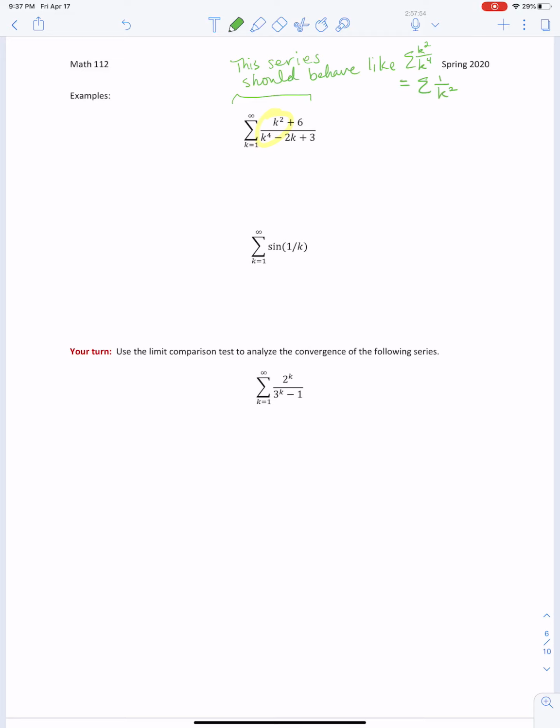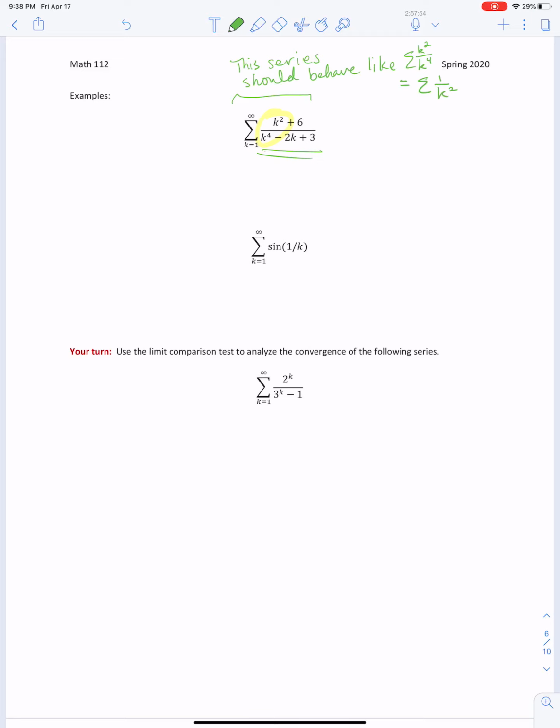Now, if we were using direct comparison, we would need to double check that this larger rational function satisfies the inequality, at least for every term after some point, that these terms that I've just underlined are always less than or equal to 1 over k squared.